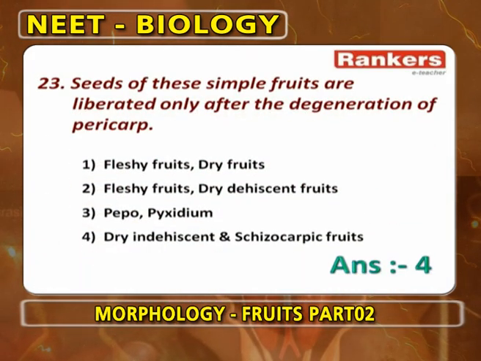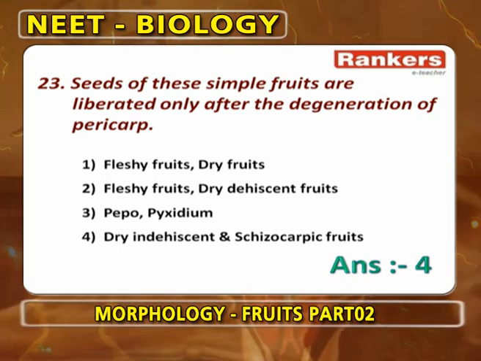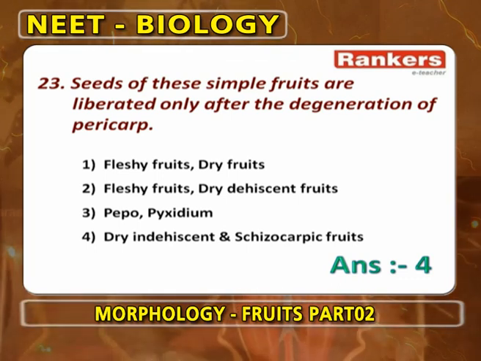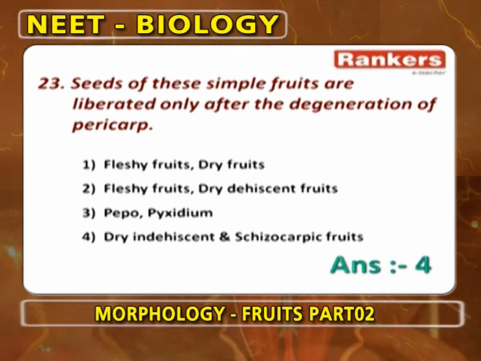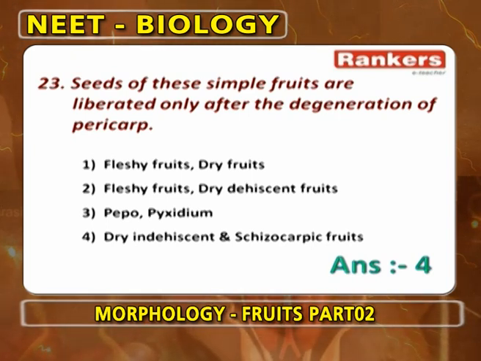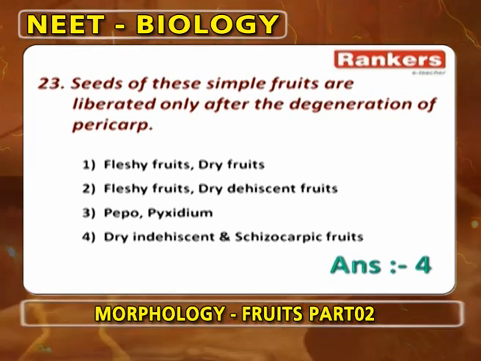Seeds of these simple fruits are liberated only after the degeneration of pericarp. Whenever the fruit wall completely disintegrates, then only seeds are liberated in the case of dry indehiscent fruits and schizocarpic fruits. Fleshy fruits also, the seeds are liberated only after the degeneration of pericarp. But here combination given is dry fruits. All dry fruits seeds are not liberated after the disintegration of pericarp.